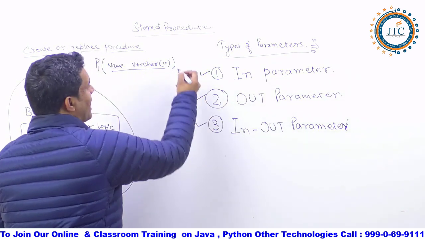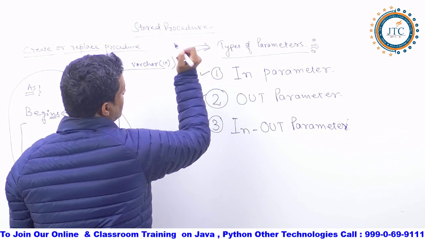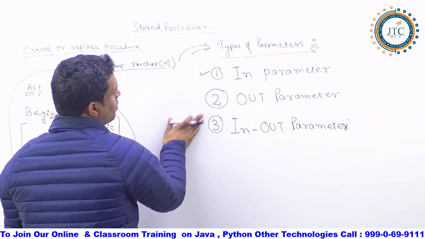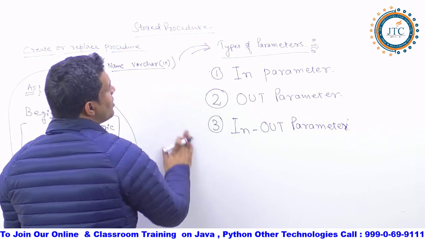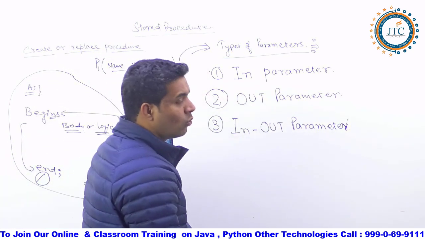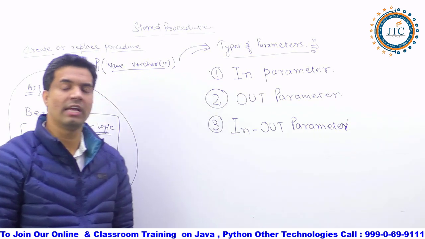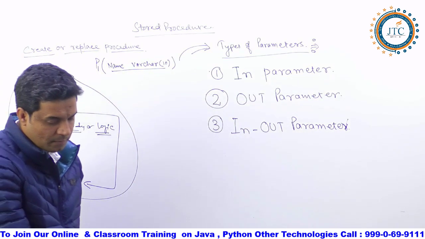So I said here the type of parameter, something which is available here. So we have specifically three types of parameter: in, out, and in-out parameter. We have these three parameters, correct?